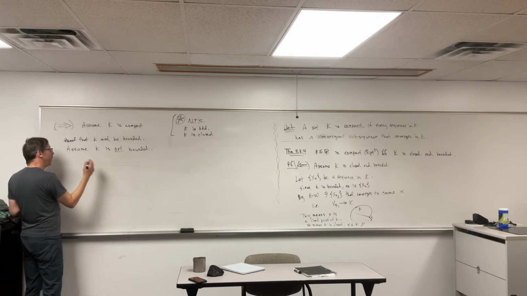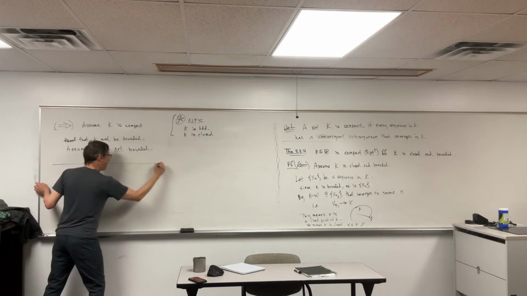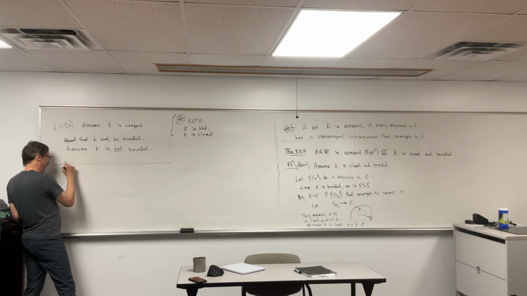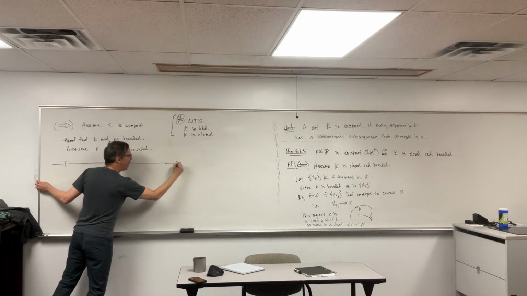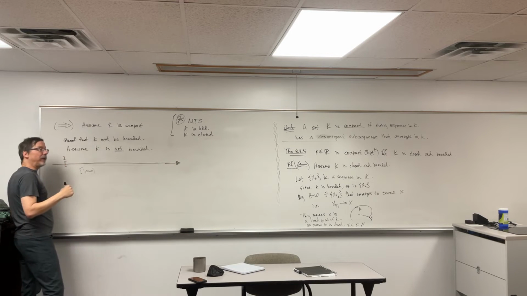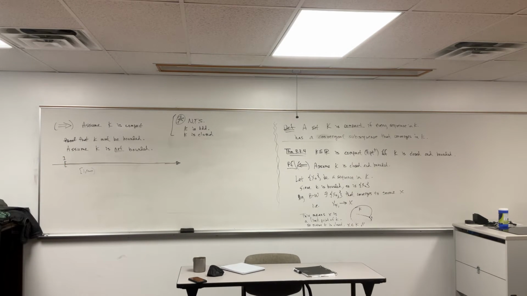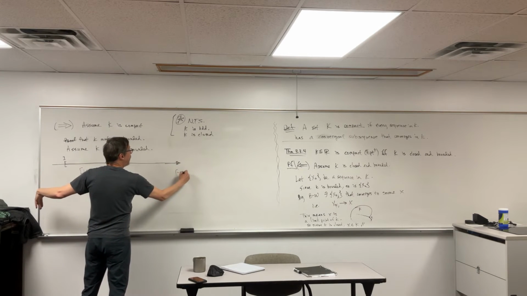So what this means is now K is not bounded. This is going to be slightly misleading, but let's say K is like this set here. I don't know what K looks like, but it's maybe like the interval from 1 to infinity or something like that. All I know is it doesn't fit in some nice little minus m to m window.